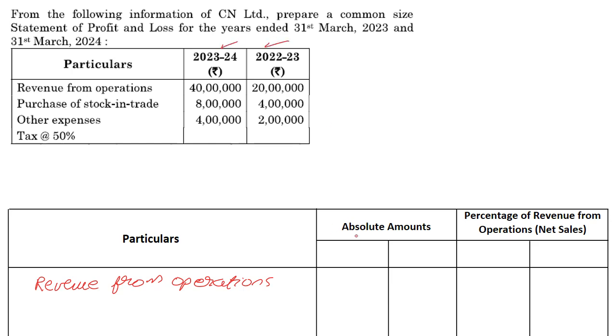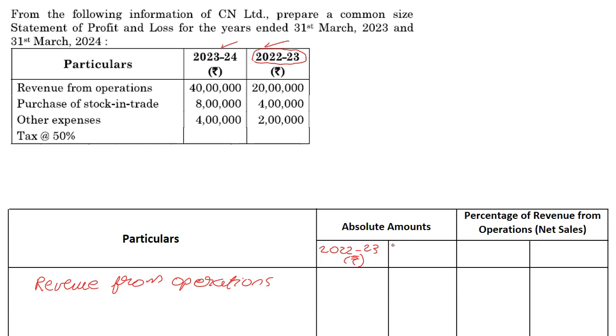But in our format, the previous year comes first. So the previous year for us is 2022-23.